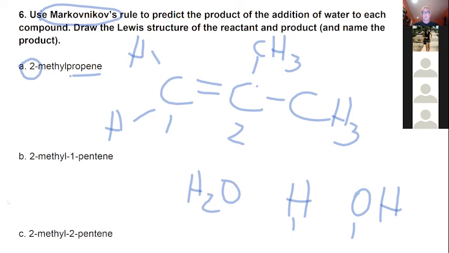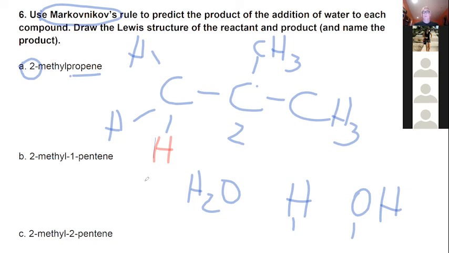Carbon 1, right. Carbon 1 is only attached to hydrogens, so it's going to get another one. So when this bond breaks, carbon 1 is just going to get another hydrogen right here. Not carbon 2, because carbon 2 has 3 hydrogens, right? Carbon 2 has no hydrogens.